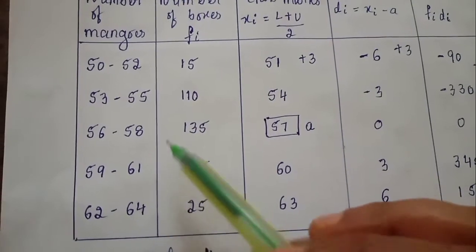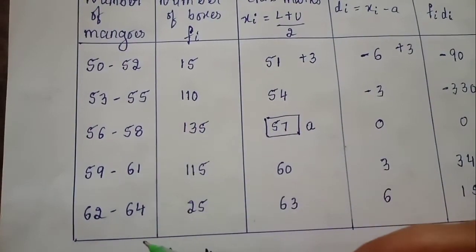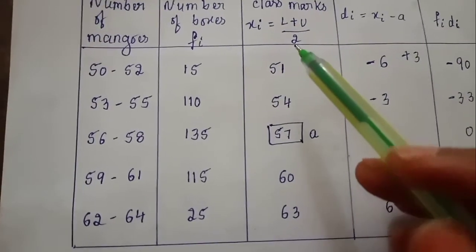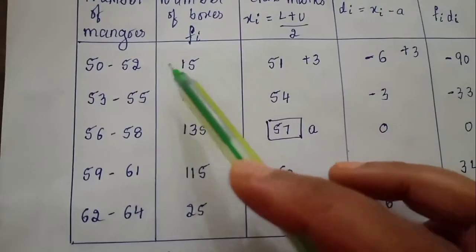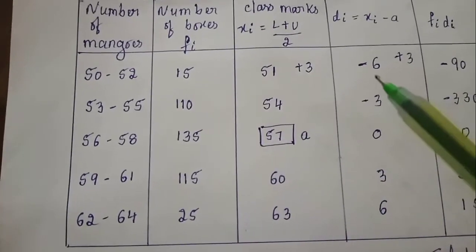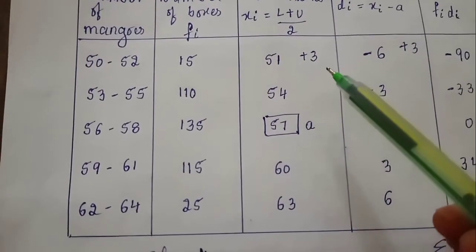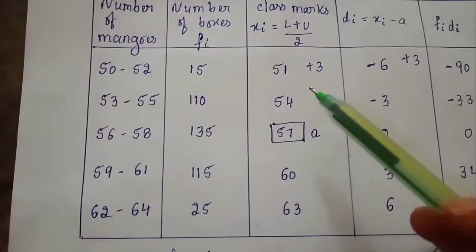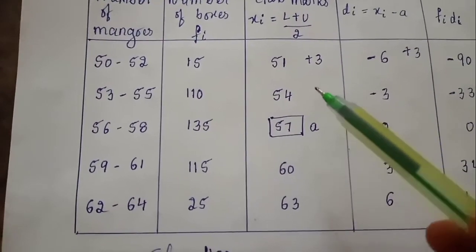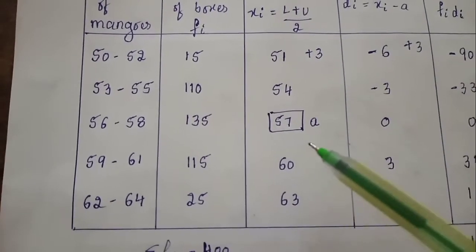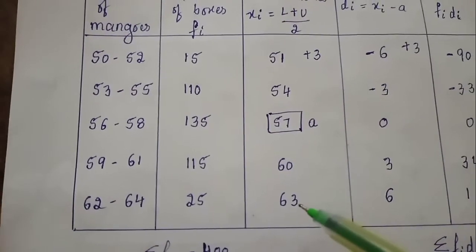Once you check, if the class size is the same all over, then you can use this trick. Otherwise, we have to use the formula for each class interval. Because the class size is the same, let us add the class size to get the remaining class marks. So 51 plus 3, 54; 54 plus 3, 57; 57 plus 3, 60; 60 plus 3, 63.